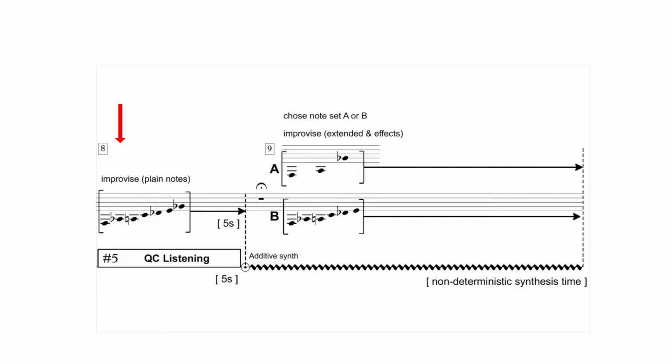The duration of the response is not known, because this will depend on the number of notes that the performer improvised. As soon as the response starts, the performer selects one of 2 sets of notes to improvise along with the system's response. Let's have a look at this.